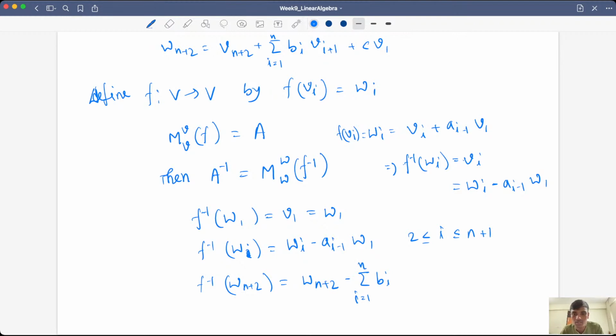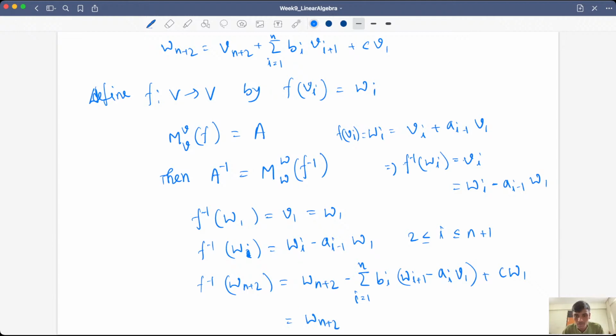I just calculated this is wi plus 1 minus ai v1, right? And next this cv1 is cw1.